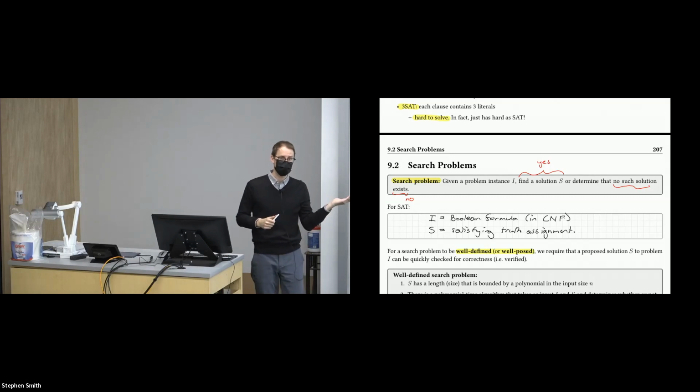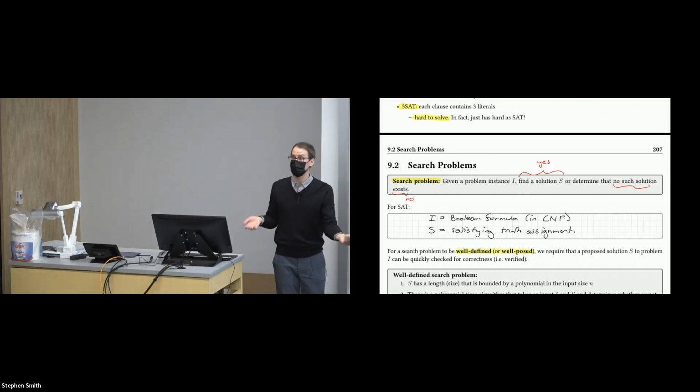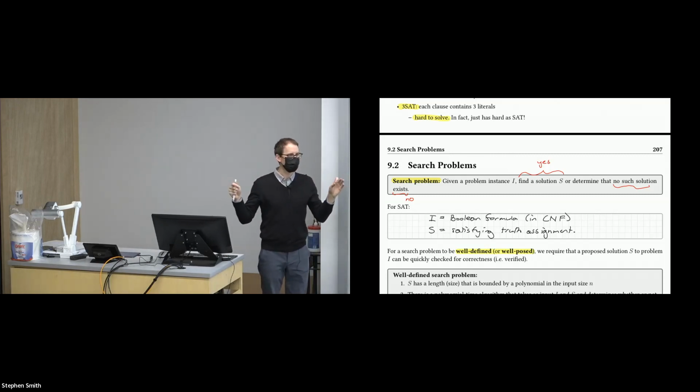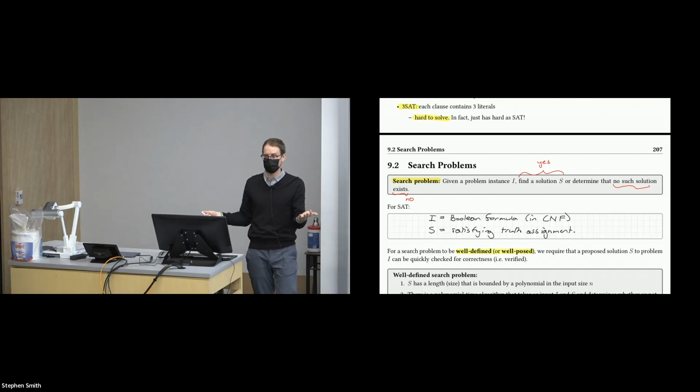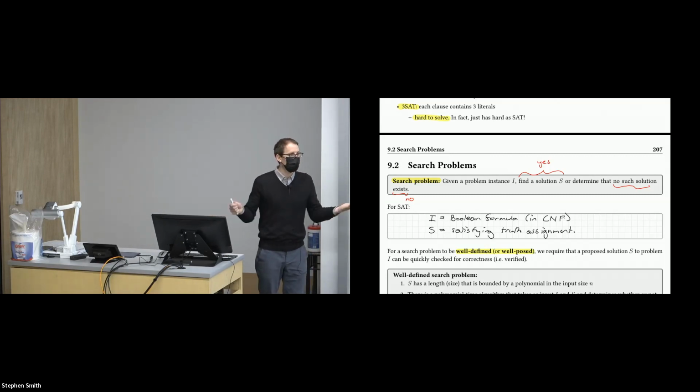So let's take SAT as an example. If you tell me you found a satisfying truth assignment, I can check efficiently that it is or is not a satisfying truth assignment. That kind of makes sense that, intuitively speaking, that's something we might want. Because if we can't even verify that a candidate solution is a solution, then it's sort of hard to talk about the problem, right? You don't even know if you've got a solution.